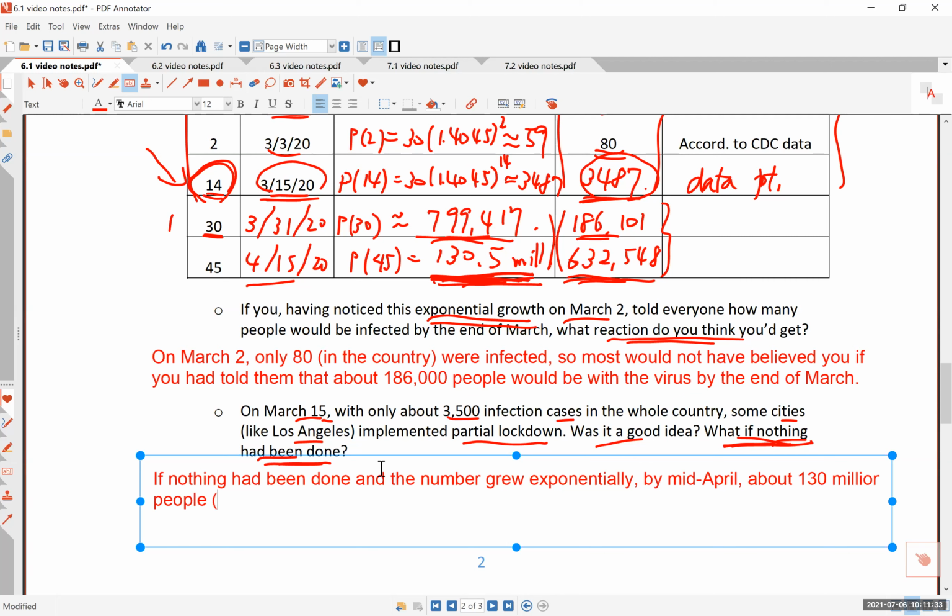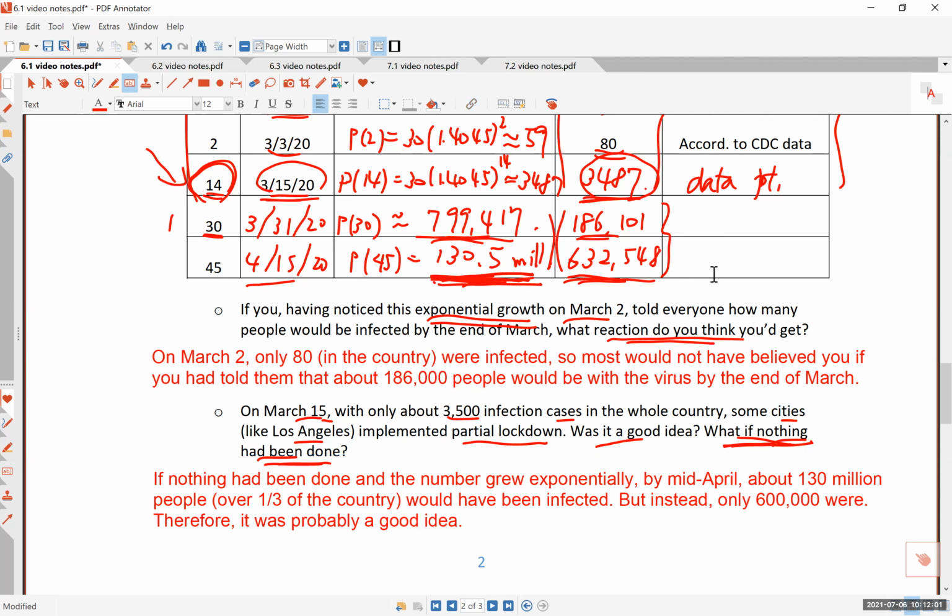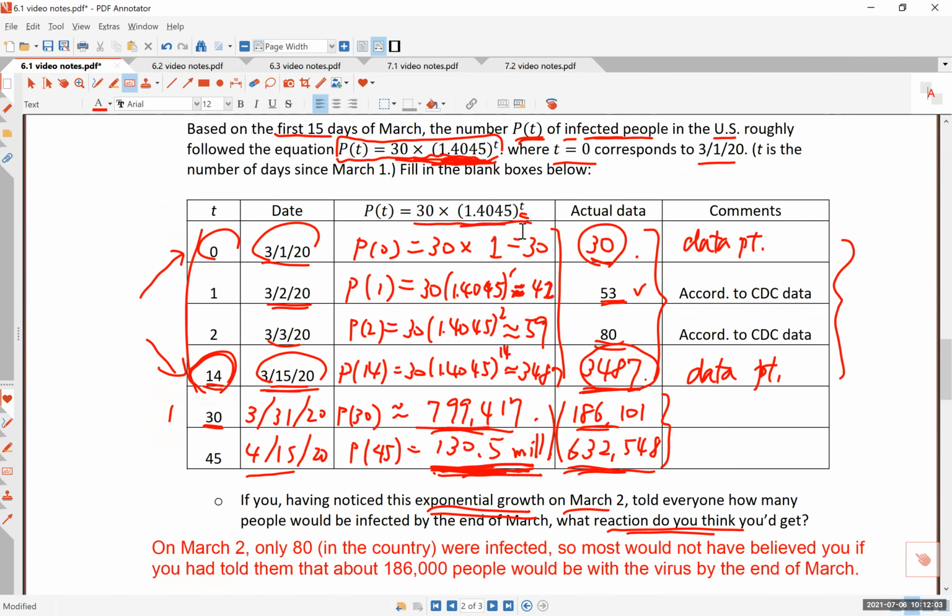By the way, that's over 1/3 of the country that would have been infected, but instead only 600,000 were. So therefore, it was probably a good idea that health officials took these drastic measures to slow down the process. After all, it's their job when they see the level of increase like this.